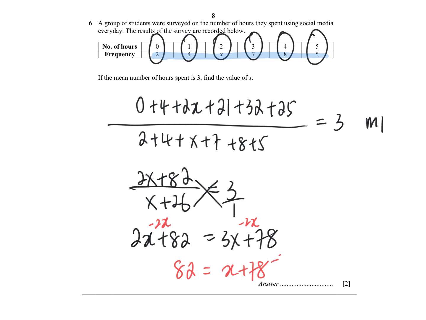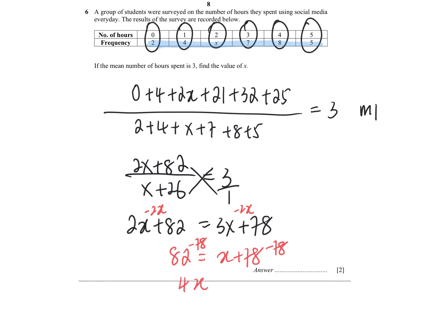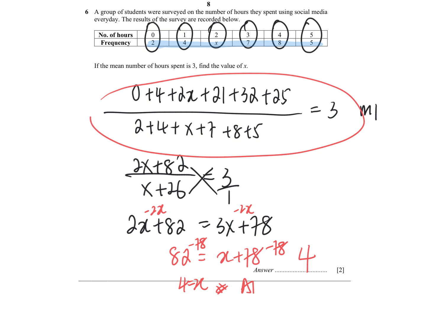Okay, and then you minus your 78. You get x as 4. Okay, so this one is the answer mark. They never give working mark for this one. Okay, so this one quite clear cut. Method, answer, that's all. Okay, next one.